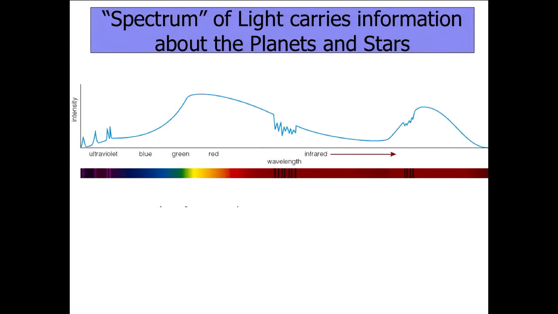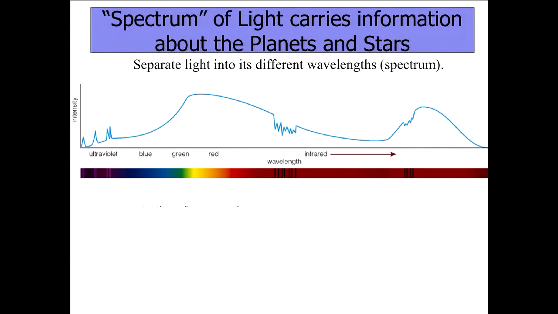Short wavelengths like ultraviolet and blue, longer wavelengths like red, and then even longer wavelengths like the infrared. And this graph shows you how much light is emitted at different wavelengths. And as you can see from this graph, there's a lot of structure in this graph. There are peaks and valleys and wiggly things, and I'd like to explain to you what all of it means.